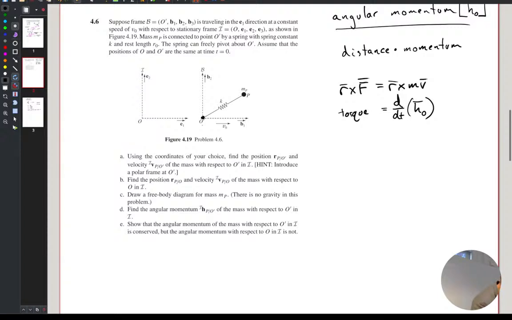All right, so we're going to start off in this frame, a moving reference frame that has a constant velocity. And I want to know what is the angular momentum of this mass P as it's moving. That's the first thing we want to know: how do we write out angular momentum?